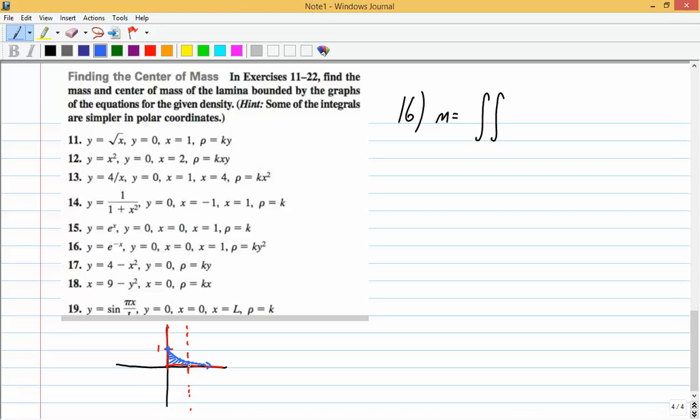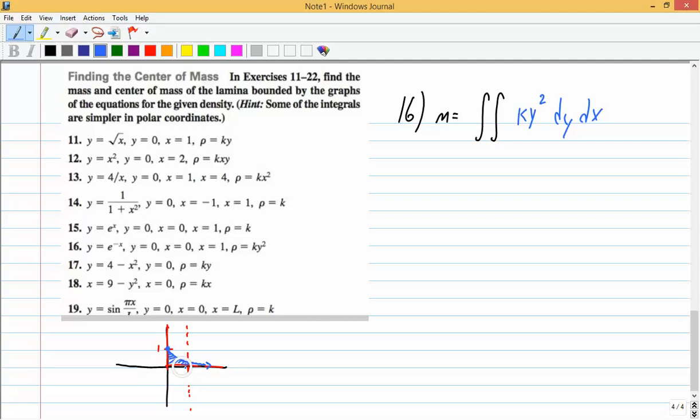So what is our formula for mass going to be? Well, what is this right here? That's the easy part. What are we integrating? It's k y squared, probably dy dx. Looks like we can bound the x pretty easily.